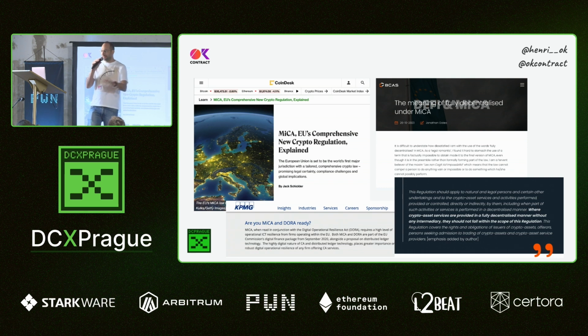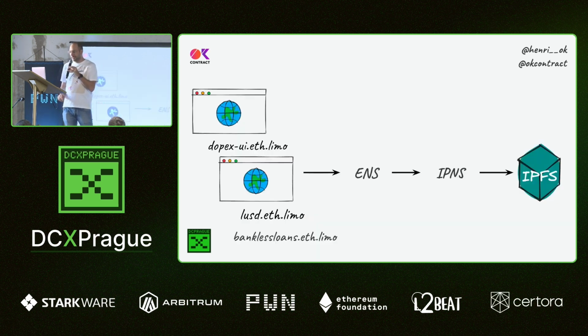If you look at some of the articles that many people are publishing, there's a lot of discussion about what it means to be fully decentralized, because the law has kind of meaning.